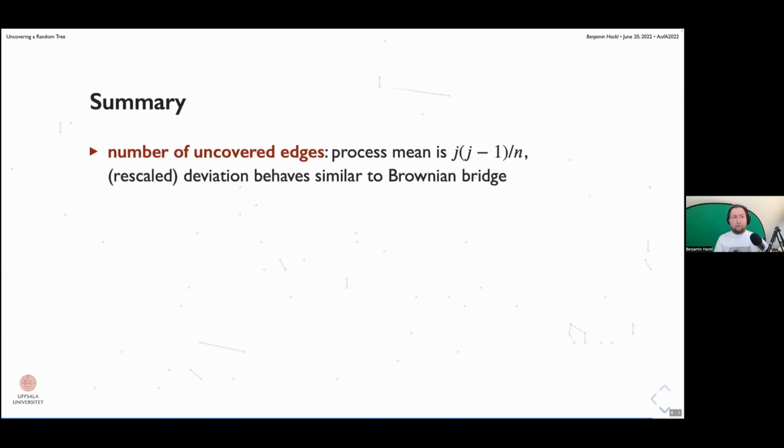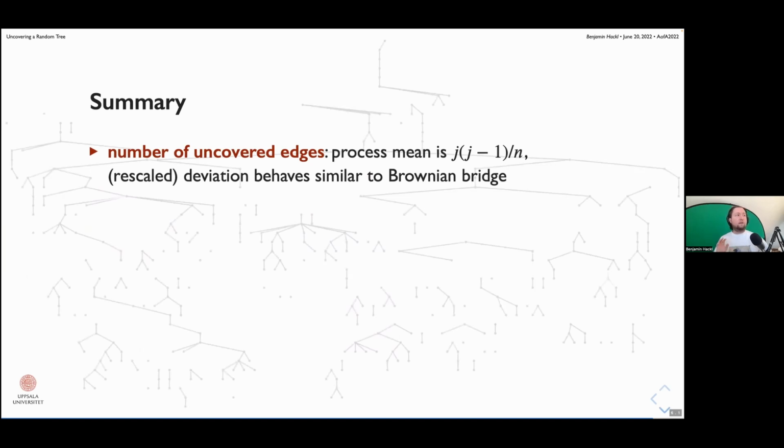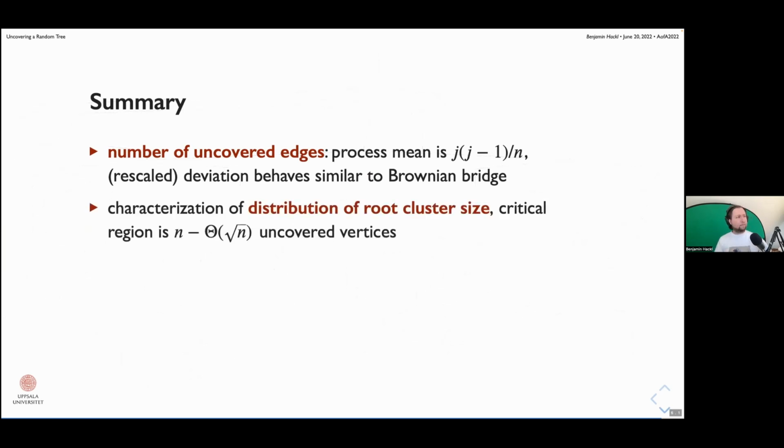Let me briefly sum up what we've done with this uncovering process. We have the number of uncovered edges. We have a process, and we have characterized this fairly well. And we have also characterized the distribution of the root cluster size for the case of rooted labeled trees.